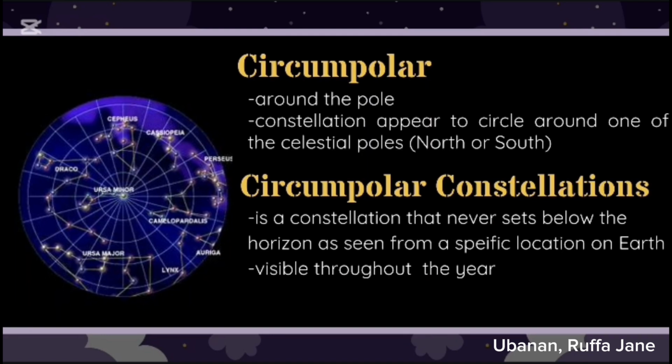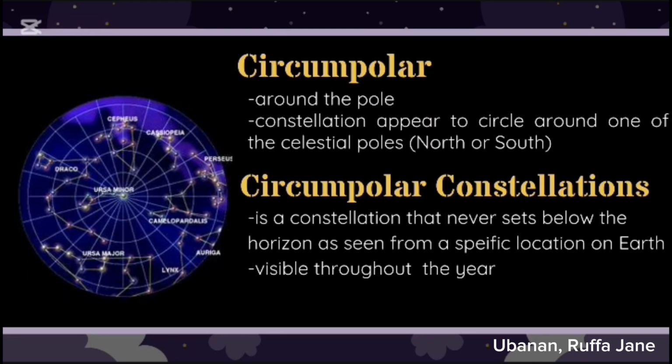Circumpolar constellations appear to circle around one of the celestial poles, whether in the north or south. A circumpolar constellation is a constellation that never sets below the horizon as seen from a specific location on Earth.